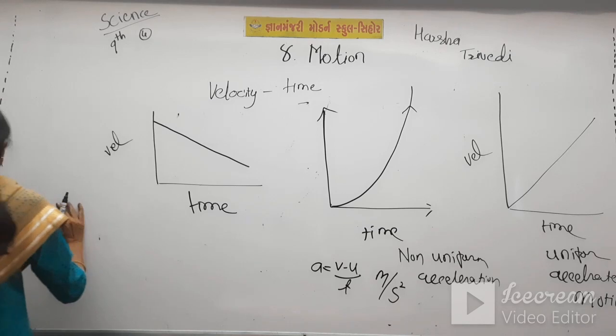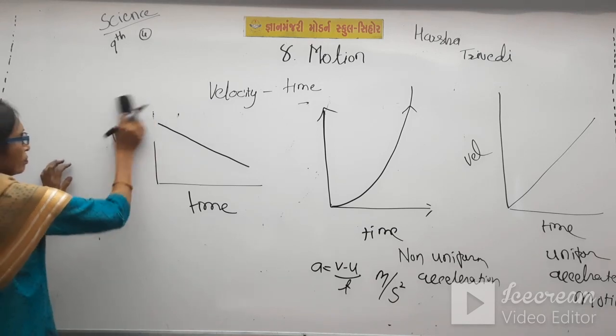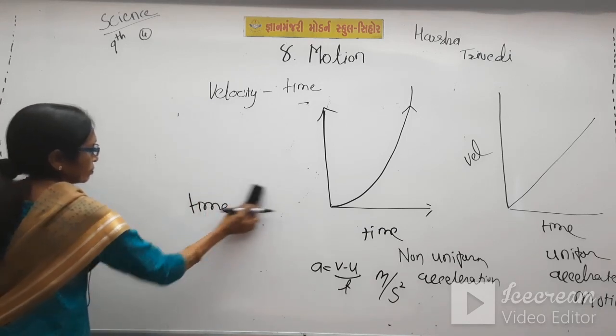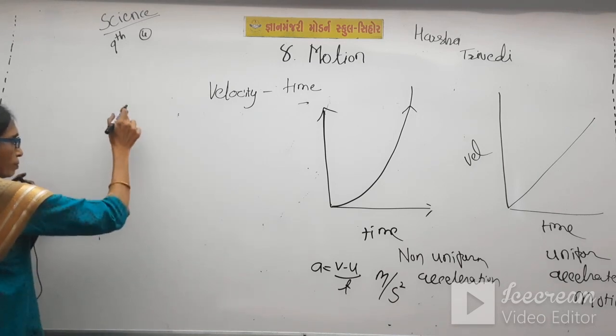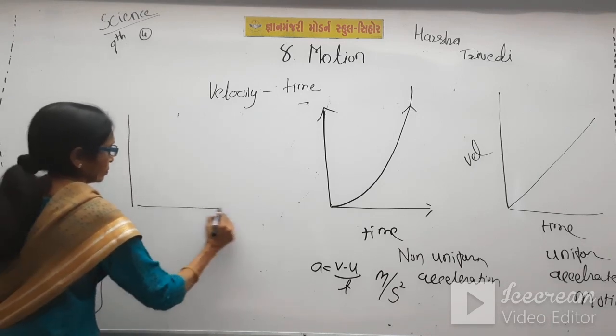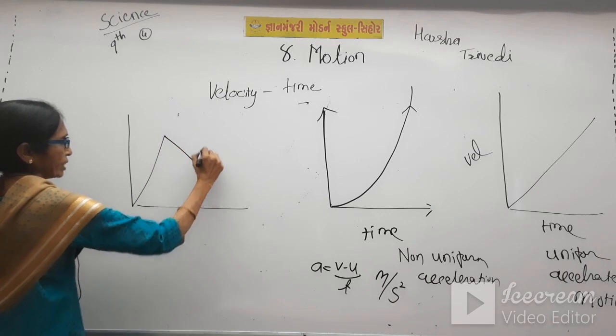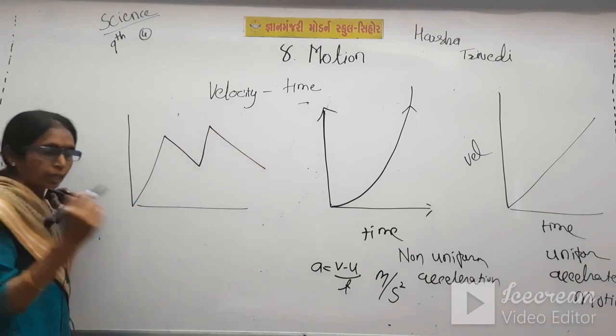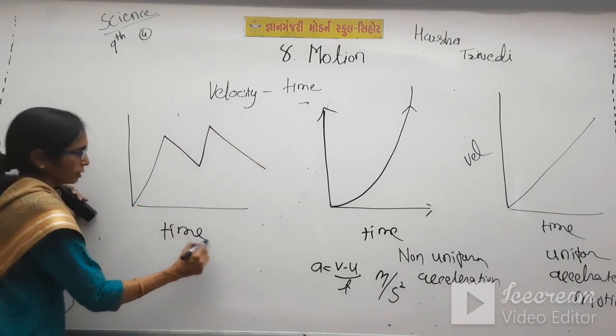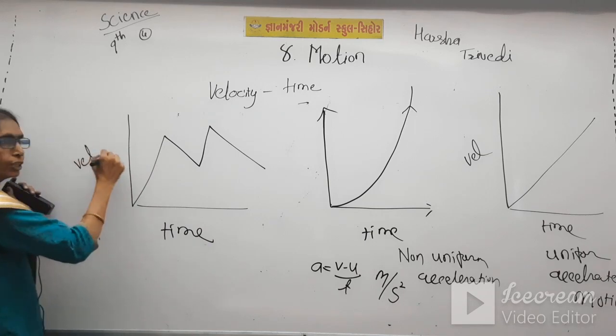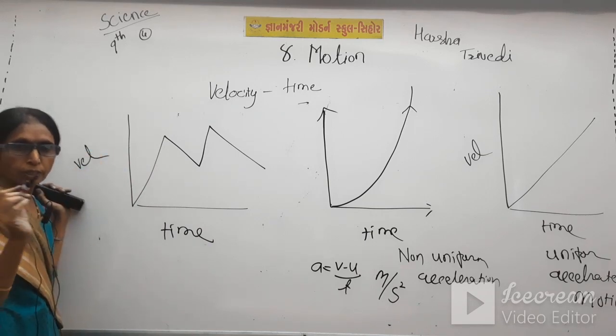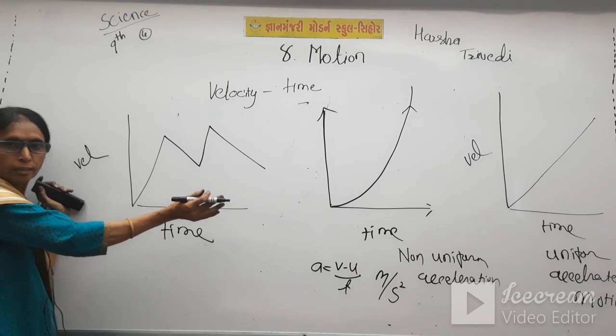And if the graph is like this, going up and down in any way, it is called non-uniform motion because ups and downs are there.